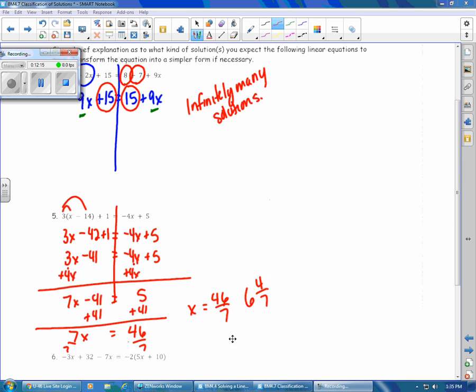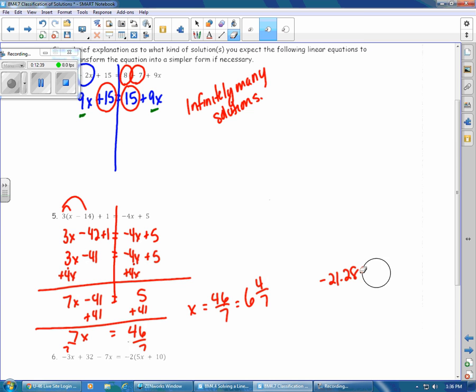Okay, that solution's kind of a weird solution, but I did go ahead and plug it back into the original equation, and it's a little bit ugly, but the left side of the equation ends up being negative 21.28571429, as does the right side of the equation. So trust me that that is a good solution. And it is one solution.